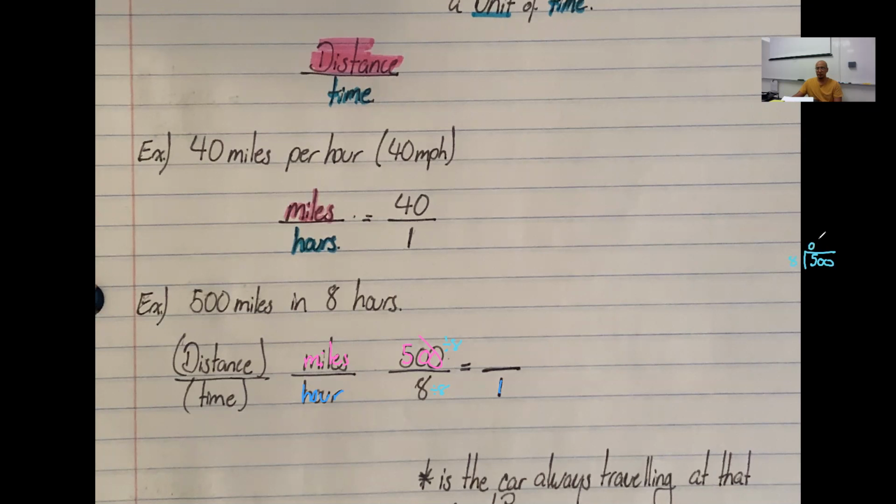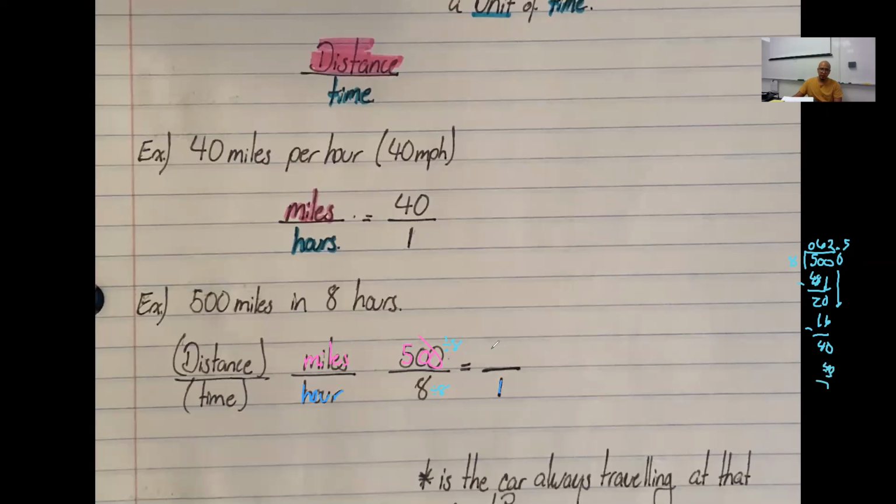8 goes into 50 six times. 8 times 6 is 48. We have a remainder of 2. Bring down the 0. 8 goes into 20 twice. That's going to be 16. We have a remainder of 4. We have a decimal because we're done. Bring down a 0. 8 goes into 40 five times, so it's going to be 62.5.